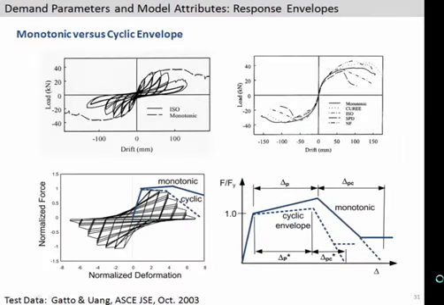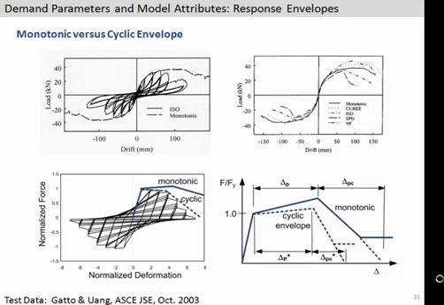A few other things on the component models and how we're representing things. The slide on the upper left shows hysteresis loops of tests that were done on identical structural components. One test was done monotonically, and you see fairly large ductility there, versus one under a cyclic loading protocol. So one of the things that has come up as we think about dynamic analysis and the difference between monotonic and cyclic is monotonic backbone curves.